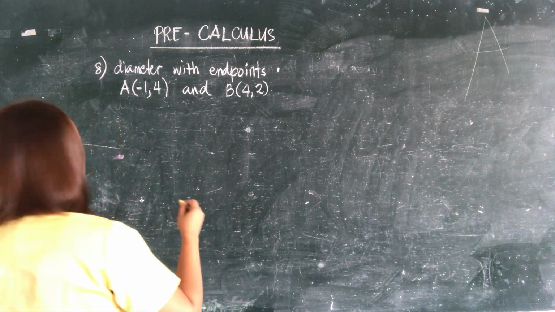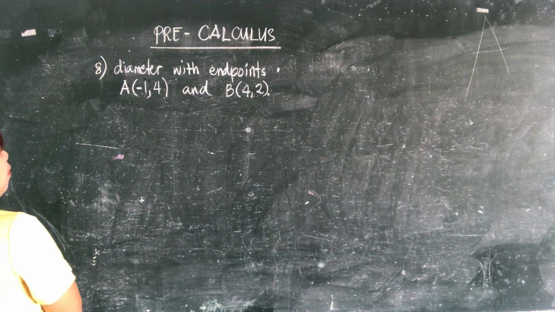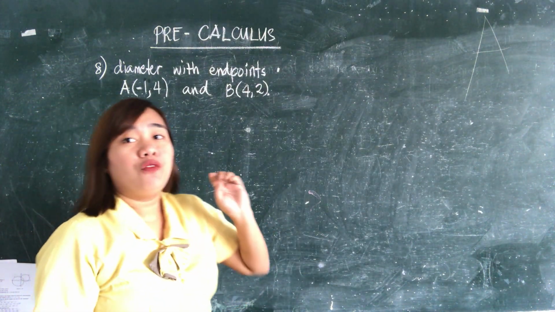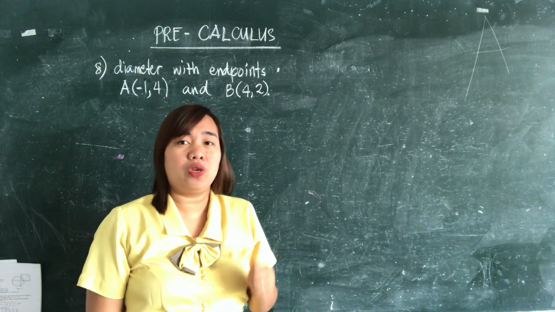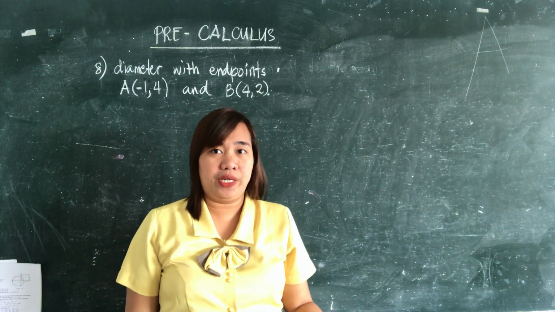So given the condition, the diameter of the circle has endpoints of -1, 4, and 4, 2. We are going to write the standard equation of the circle.